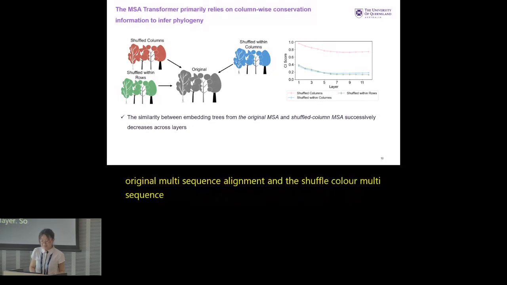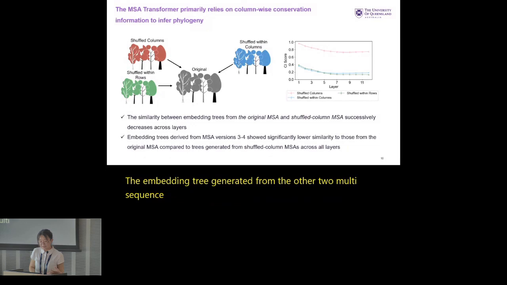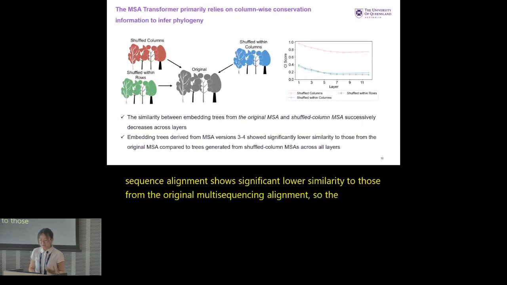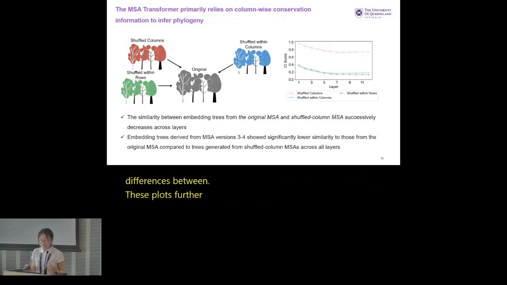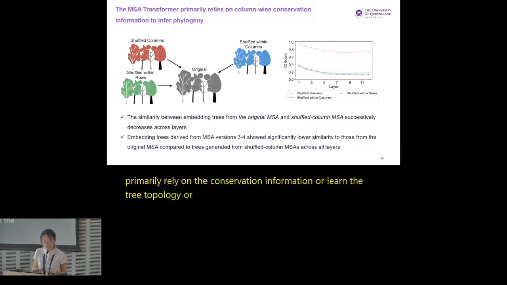Secondly, we find the embedding trees generated from the other two multi-sequence alignments show significantly lower similarity to those from the original multi-sequence alignment. So the huge differences between these plots further indicate that the MSA transformer primarily relies on the conservation information to learn the tree topology or the phylogenetic relationship.